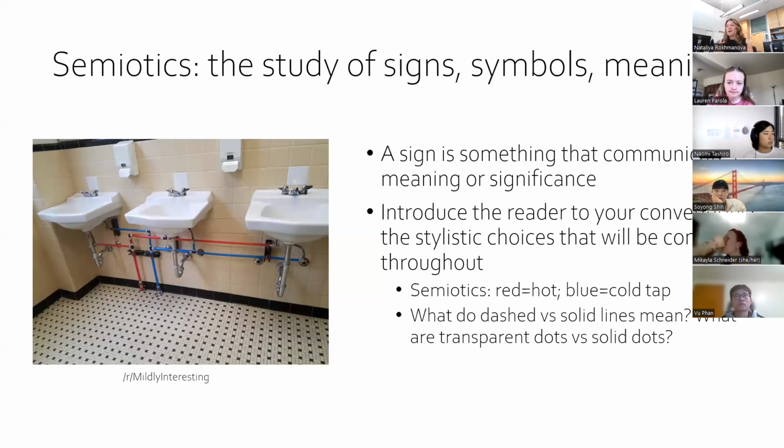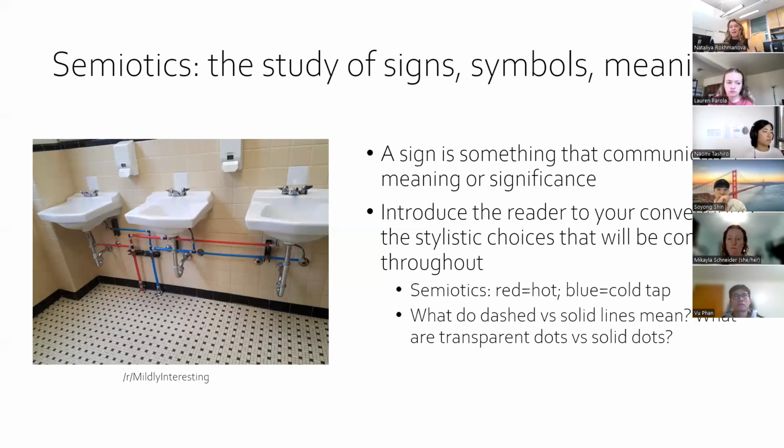For scientific figure semiotics, right? What do dashed versus solid lines mean for your work? Maybe a solid line is the ground truth and the dashed line is a simulation, or maybe it's the opposite. What about transparency or transparent dots versus solid dots, right? Answer those questions for yourself.